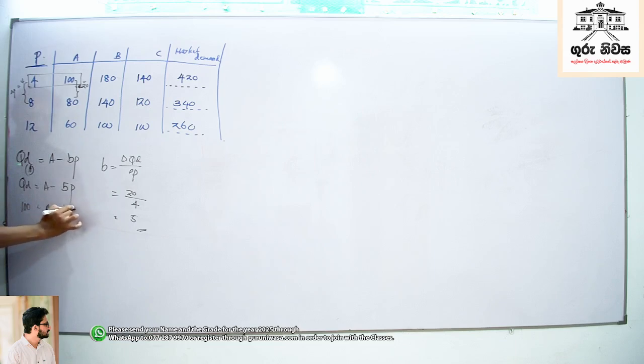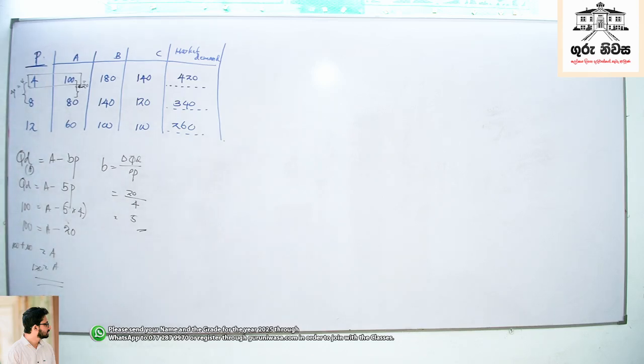So 100 equals A minus 5 into 4, which is 20. A equals 100 plus 20, so A equals 120. This is the intercept of A's demand equation.